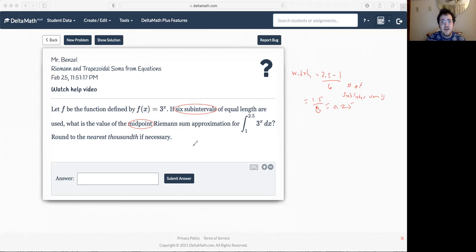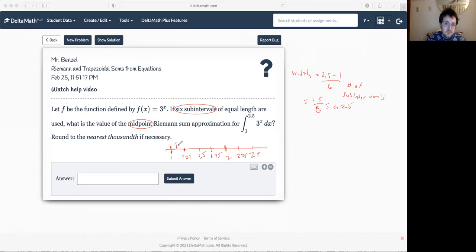It may help you to draw a number line from the midpoint. This gets a little bit trickier. I'm going from 1 to 2.5, and your intervals are going to be 1.25, 1.5, 1.75, 2, and 2.25.